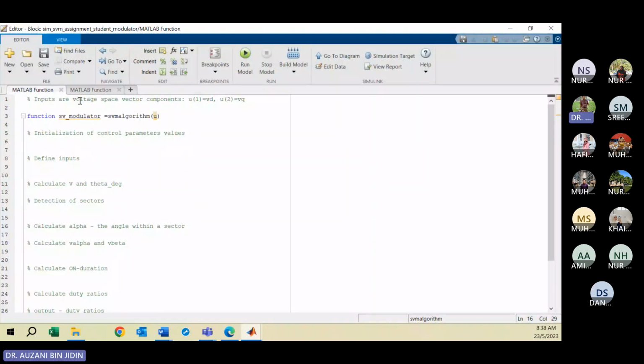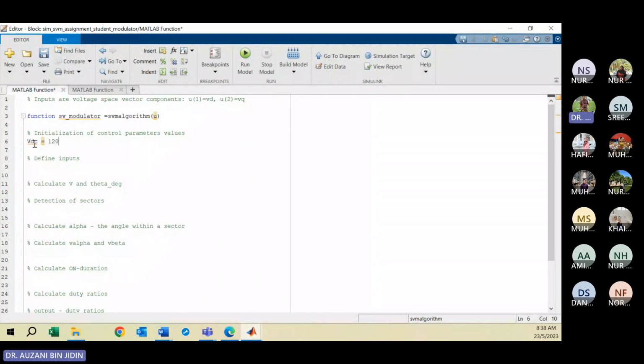Okay, first you need to initialize the control parameters. Based on the question given, you set the DC voltage VDC, which is 120 volts. So this is the first line of instruction.